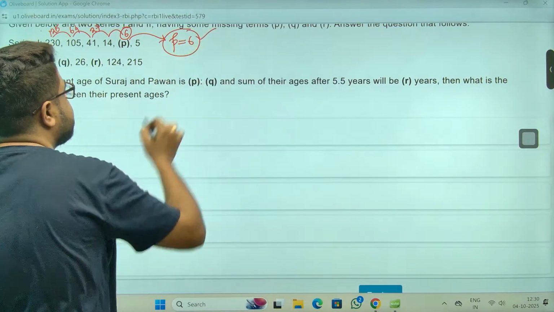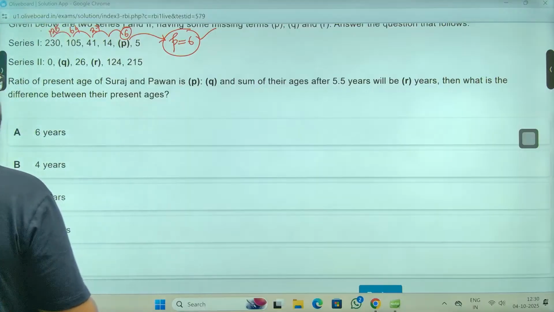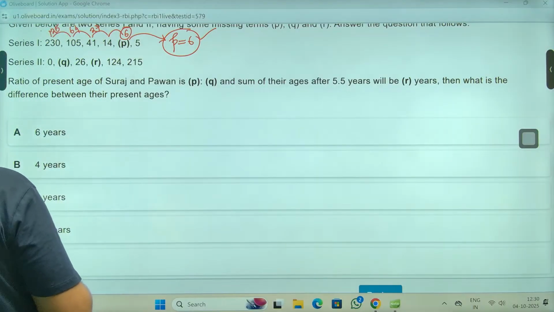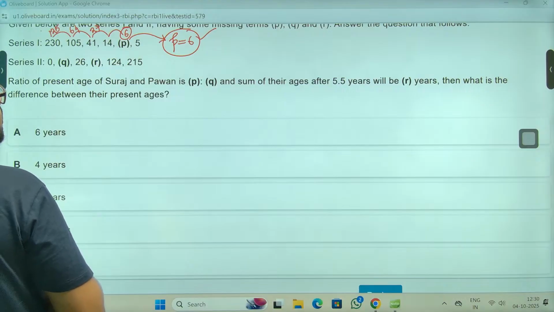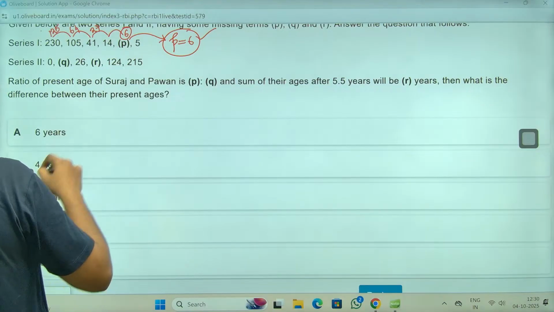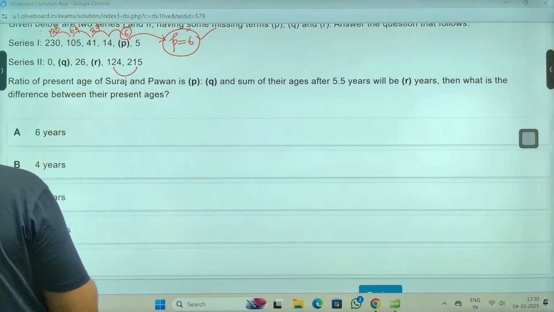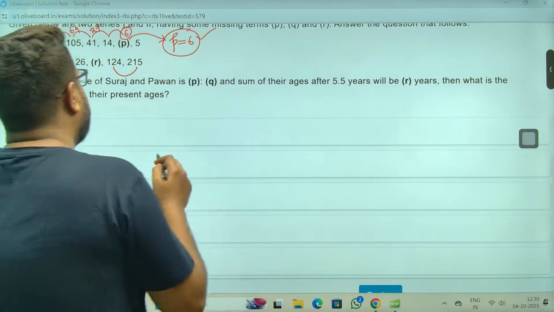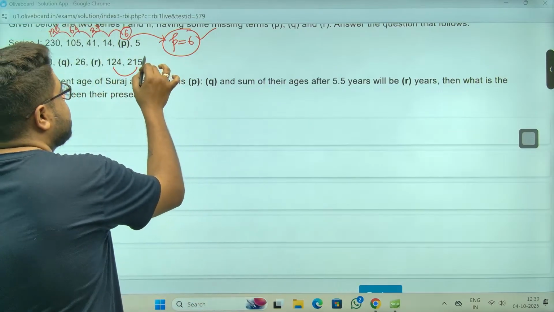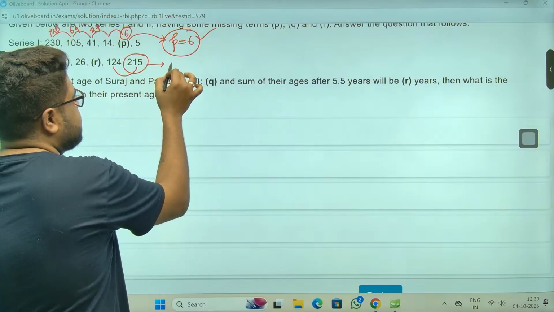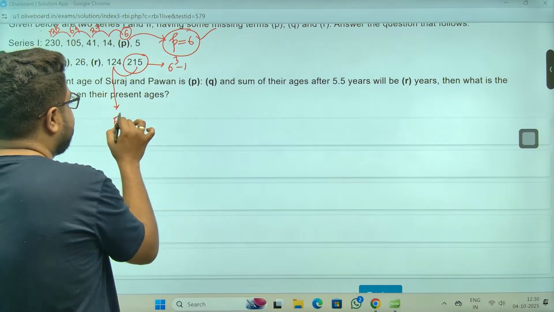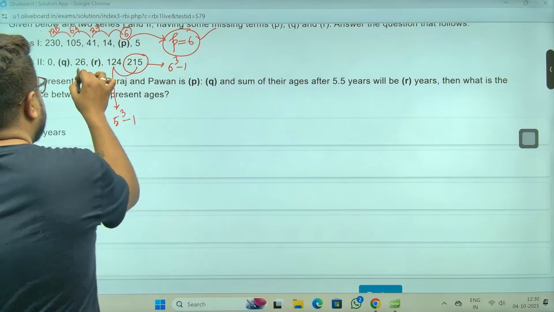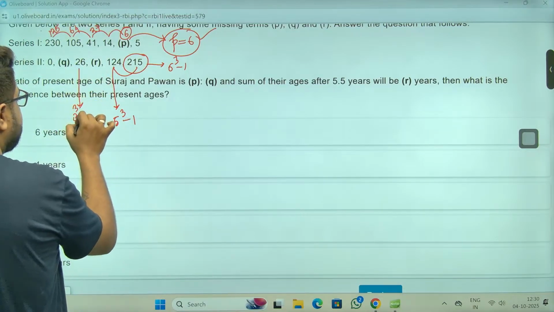First thing done. Second one, sir. Use a little brain. Two unknowns. Let's look at this. Sir, it's cube minus 1. 215 is 216, 6 cube minus 1. 124 is 5 cube minus 1. 26 is 3 cube minus 1.